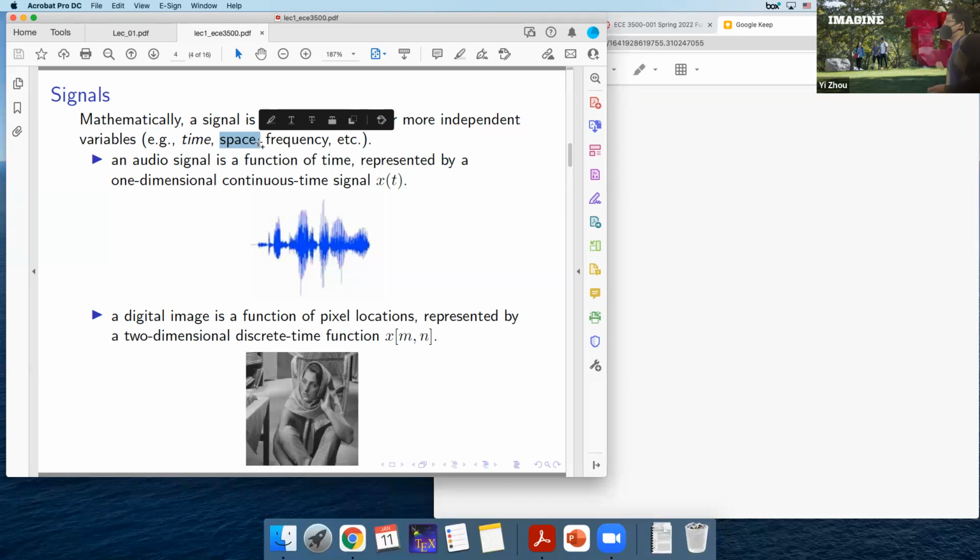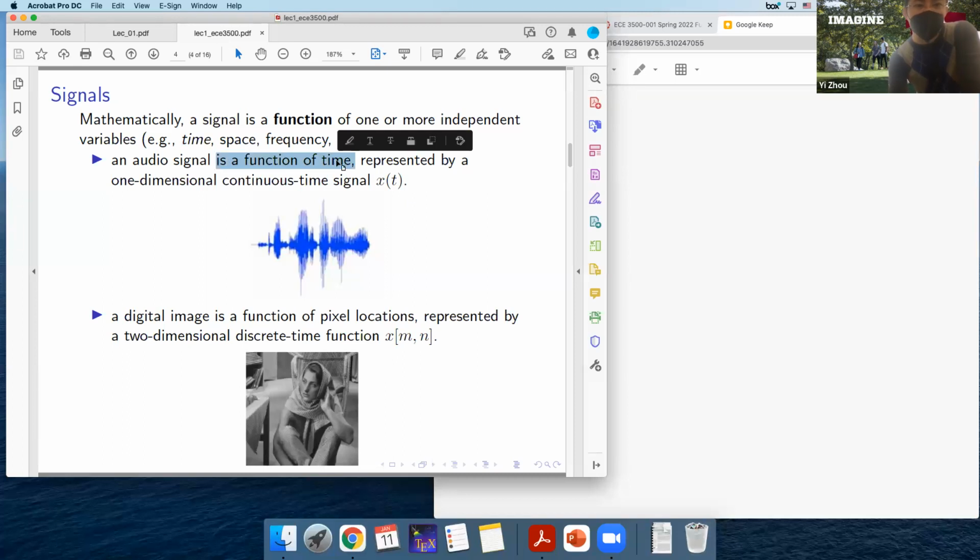And we also have the frequency domain. For example, if you look at this audio signal, this is a plot of a one-dimensional audio signal. These audio signals can be regarded as a function of time.